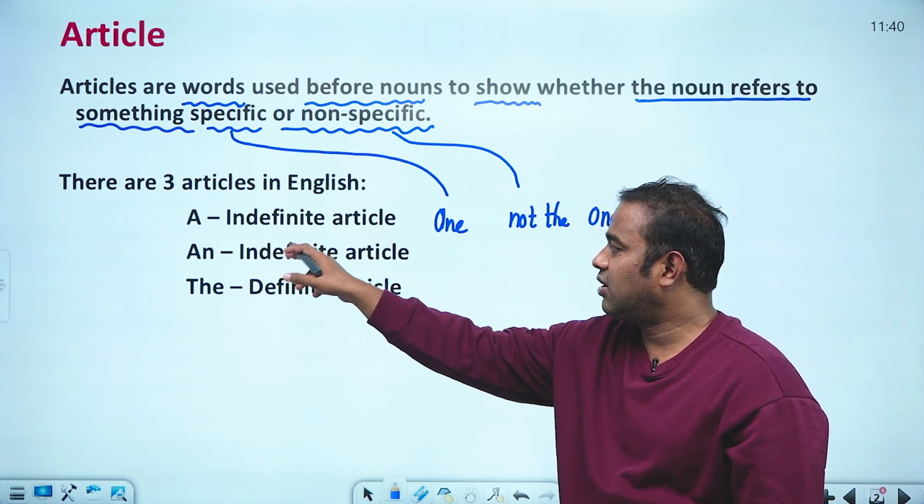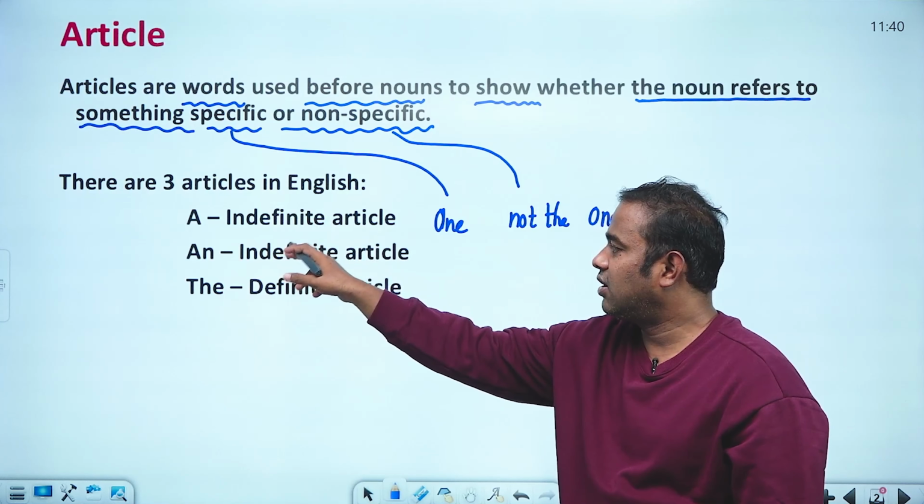So for example, here I can write a student. There are several students, and I am talking about some specific student, so we can call it a student. This is the way we generally use the articles.